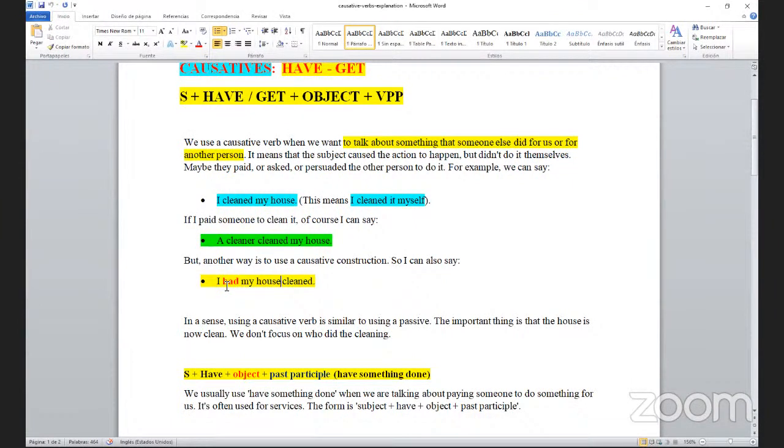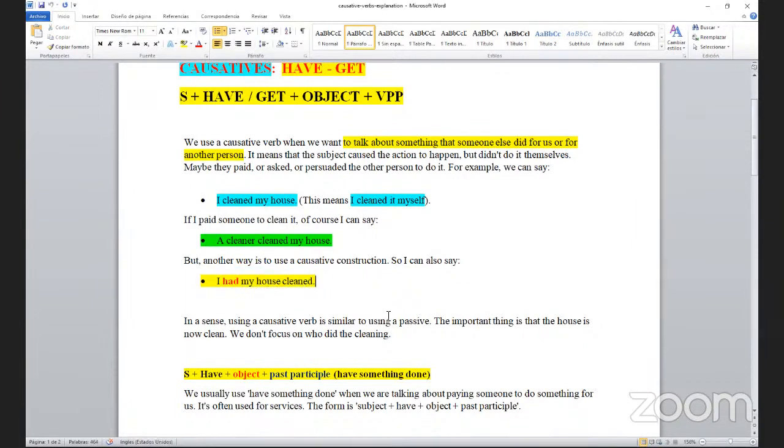We say that somebody else did it, but we don't care who did it, okay? So that is what causative means. For example, I can say, I had my house cleaned. Yo tuve mi casa limpia, in the past. So it means that I didn't do it alone, or maybe I didn't do it at all. Somebody else, another person, did this action for me.